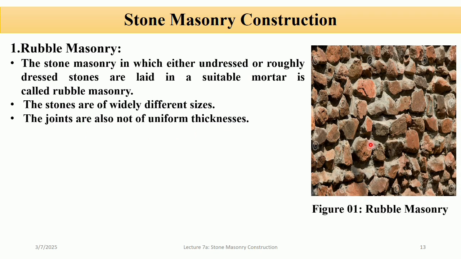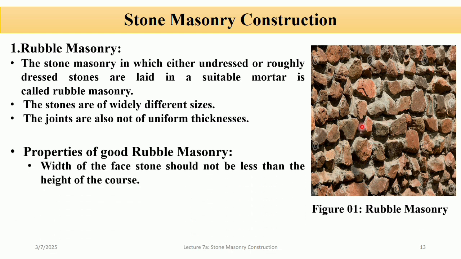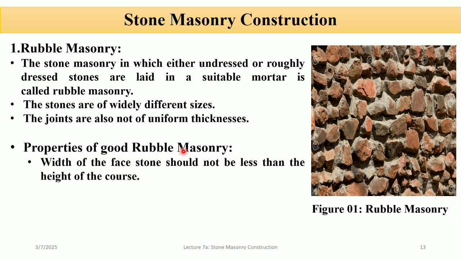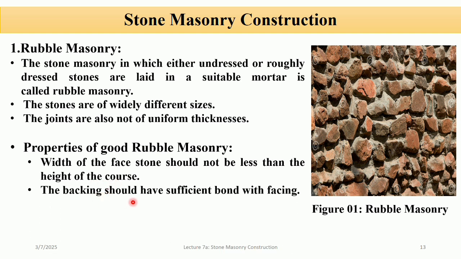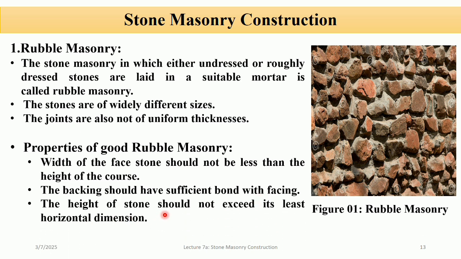You can see in the figure that we provided different sizes of stones, and the joint thickness is not uniform. The properties of good rubble masonry: the width of the face stone should not be less than the height of the course, the backing should have sufficient bond with the facing, and the height of the stone should not exceed its horizontal dimension.